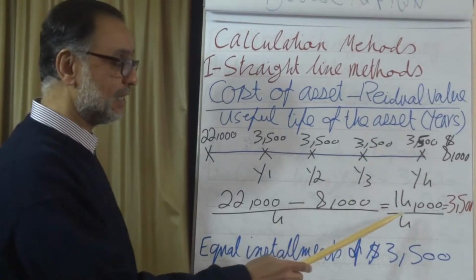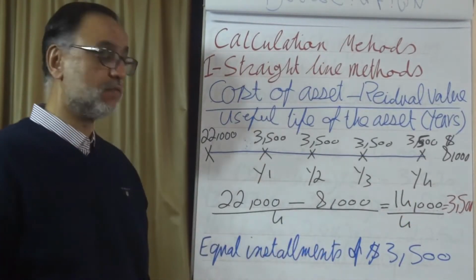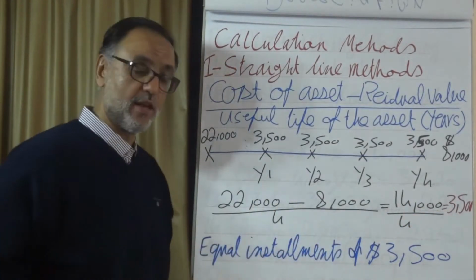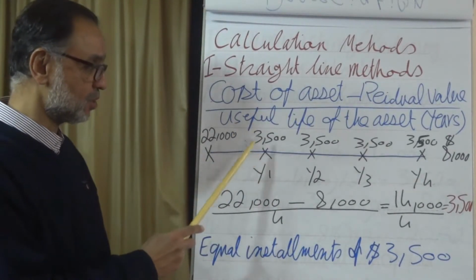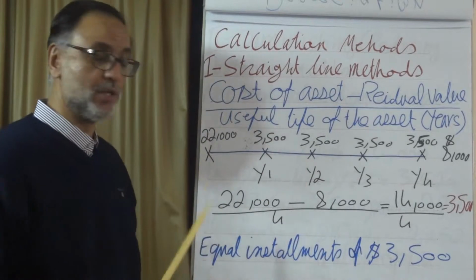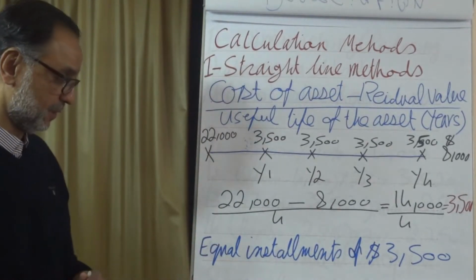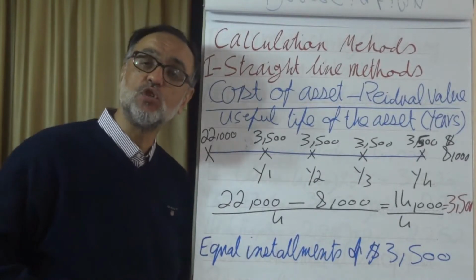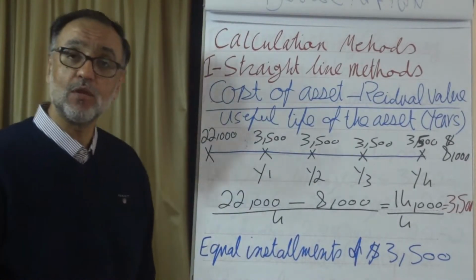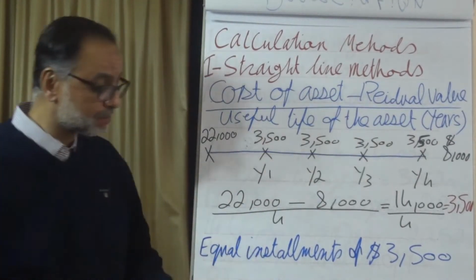So the net cost is $14,000, divided by 4 years, it gives you $3,500. So in every year we incur a depreciation expense of $3,500 for this particular asset. One of the names of this method is equal installments. So it's either the straight line method or equal installments.